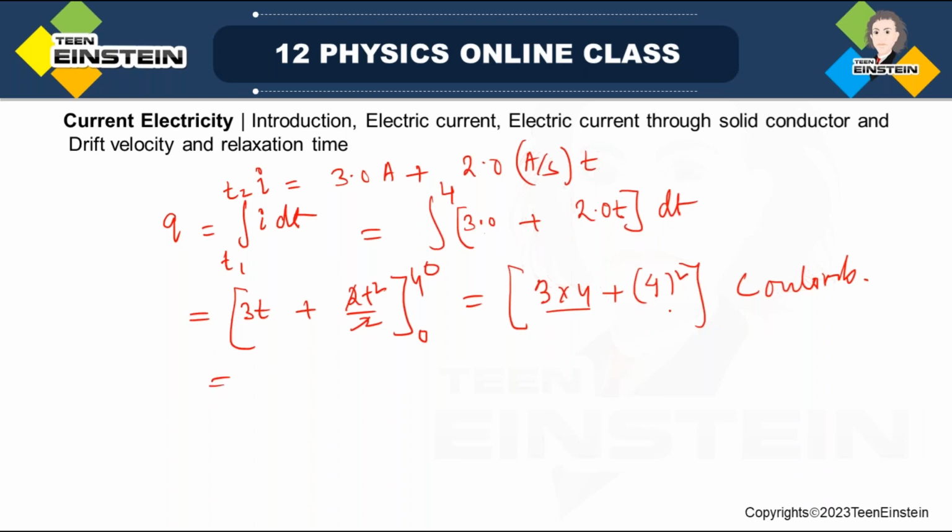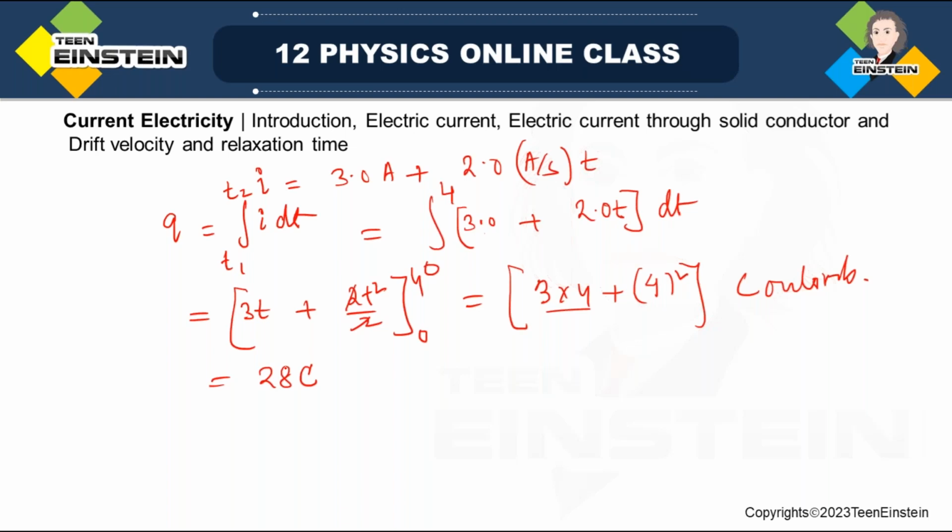So this is 12 and this is 16, so this will actually be 28 coulomb. So we have got the charge flowing during this interval of time.